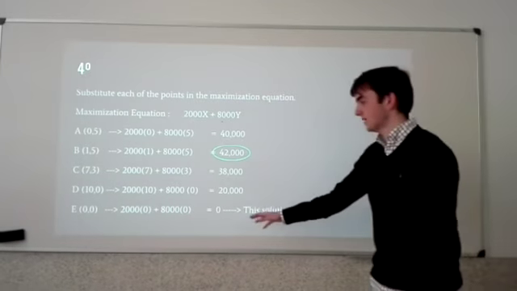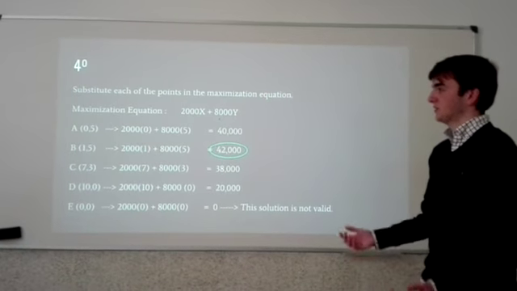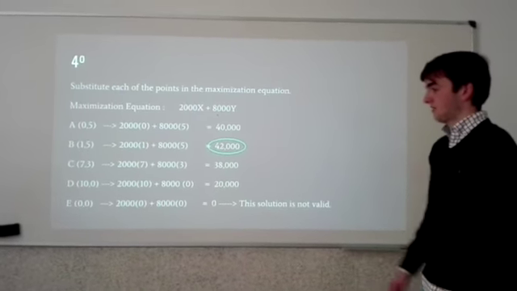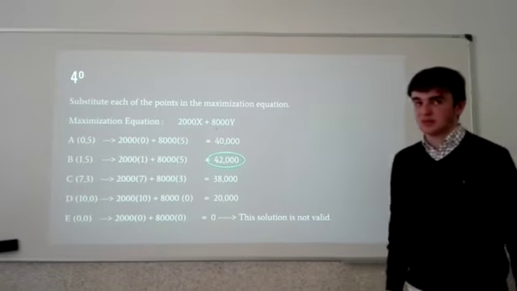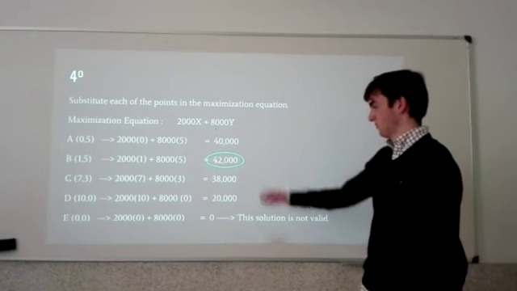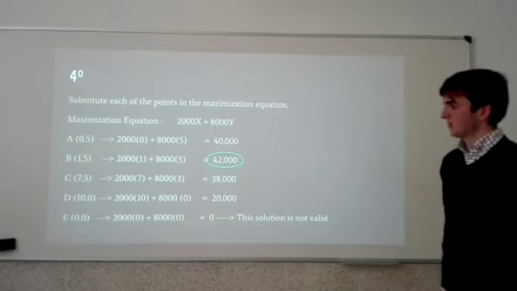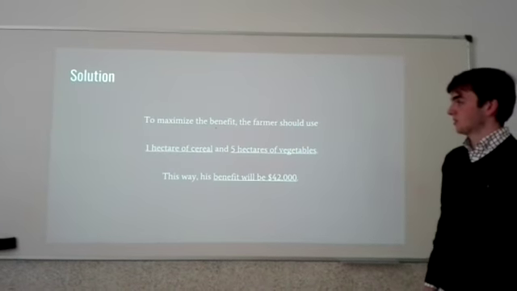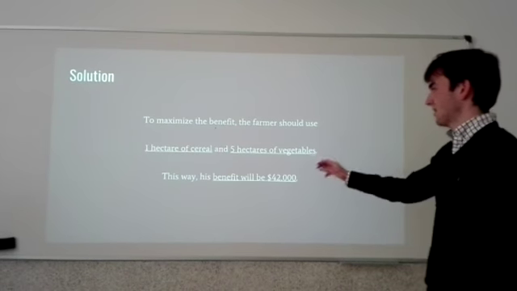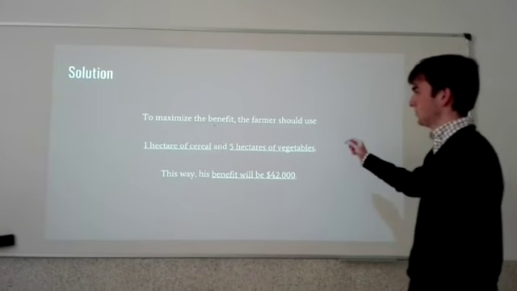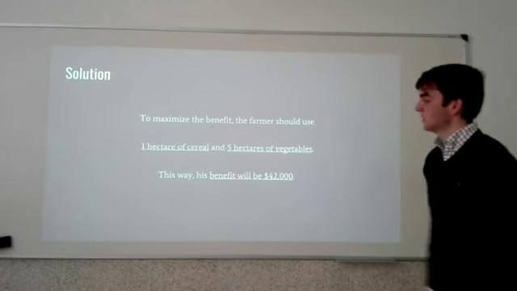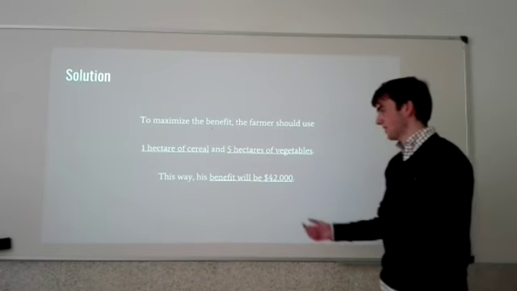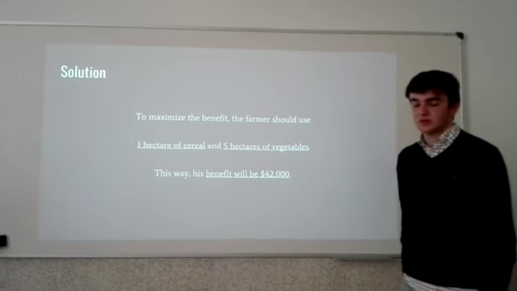The point 0, 0 is not a valid solution because you cannot have 0 hectares of cereal and 0 hectares of vegetables. So we know that this one is the solution. To conclude, to maximize the benefit, the farmer should use 1 hectare of cereal and 5 hectares of vegetables. This way, his benefit will be $42,000.